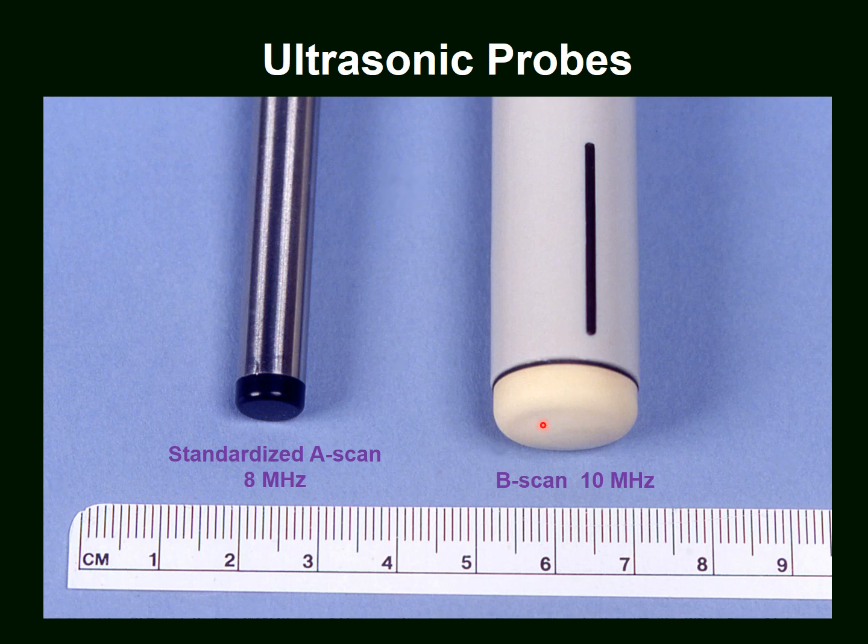On the right side, a 10 megahertz B scan probe. The B scan probe has to be larger than the A scan probe because in the B scan probe the transducer has to travel to create an acoustic section for this two-dimensional display of B scans.